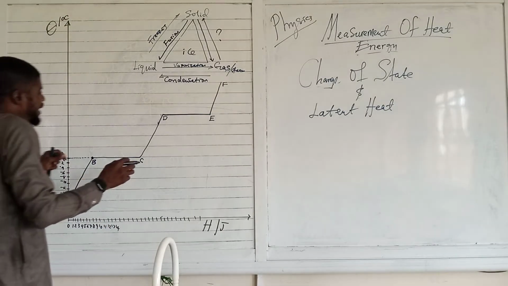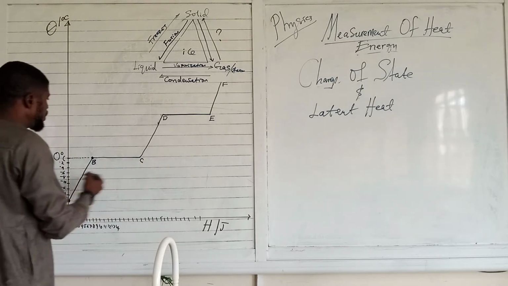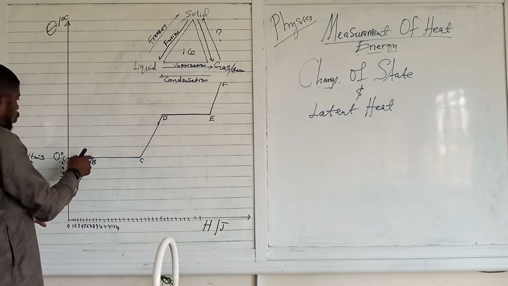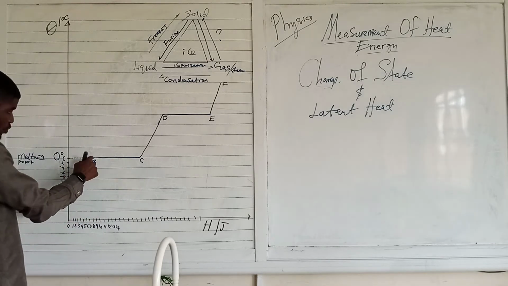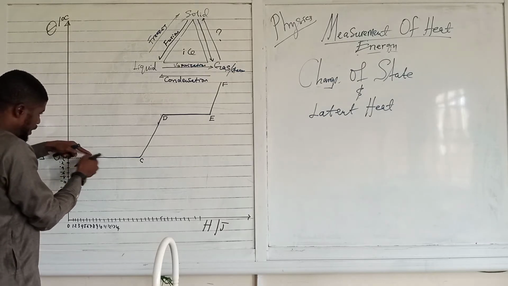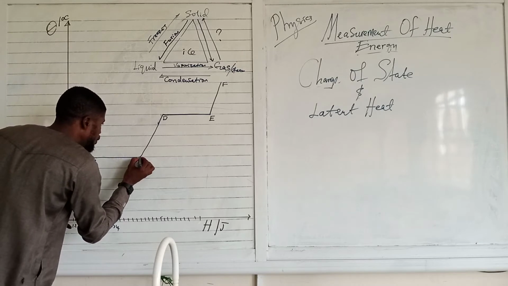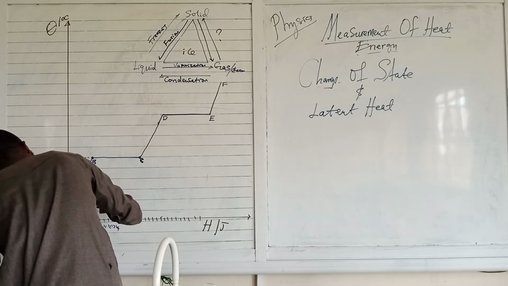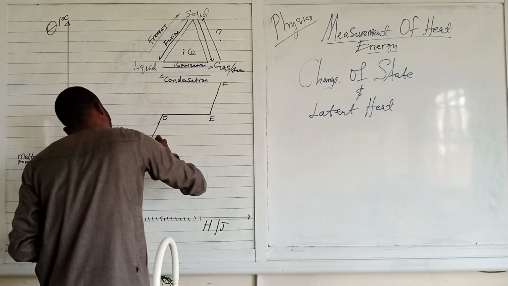If you continue to add heat energy, you have what's called fusion now, a process where the ice will start changing from solid to liquid. So from point A to B, you have solid ice. At point B, down to somewhere half here, you have a mixture of ice and liquid. At point C, you have what's called total liquid. So let's write. This is solid. This is liquid.